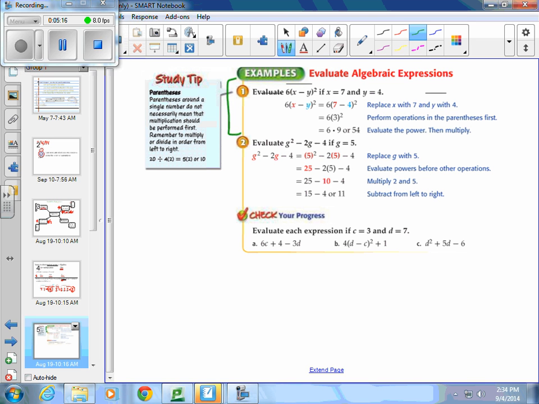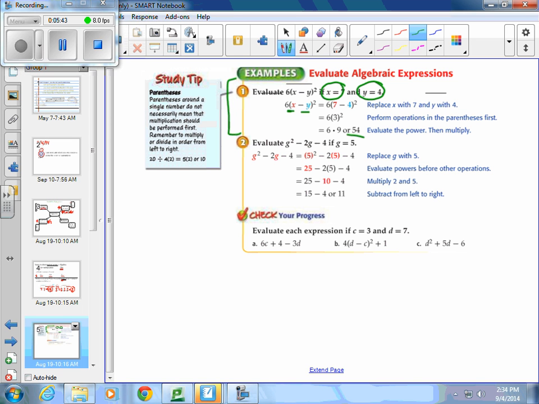Well, notice that x equals 7, y equals 4. Oops, I accidentally covered up the 7. We put our 7 in place of our x, and we put our 4 in place of our y. And then we have to think back to our order of operations, the PEMDAS, and go in order to solve, and then we get 54.